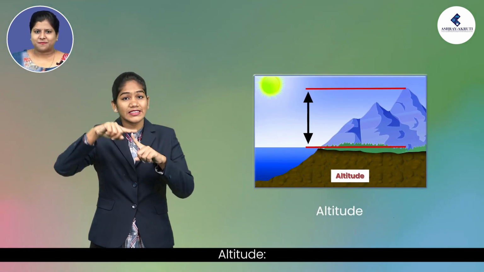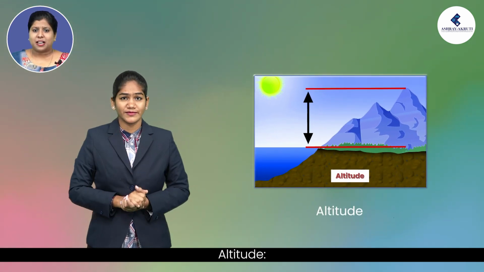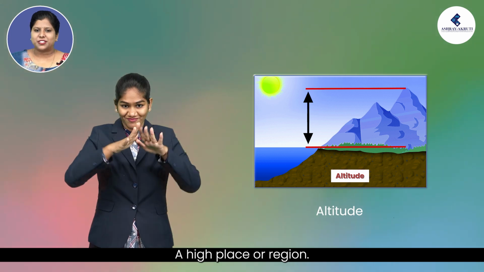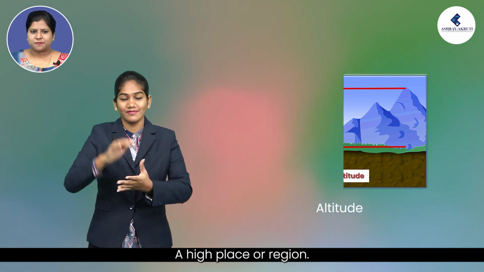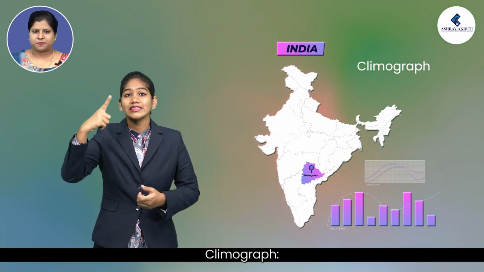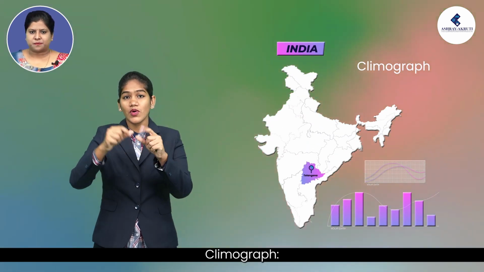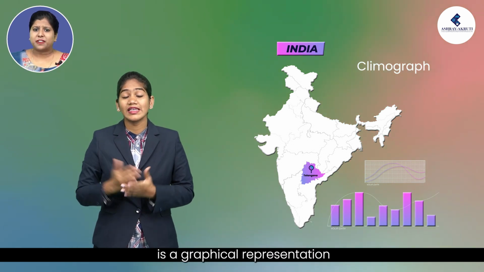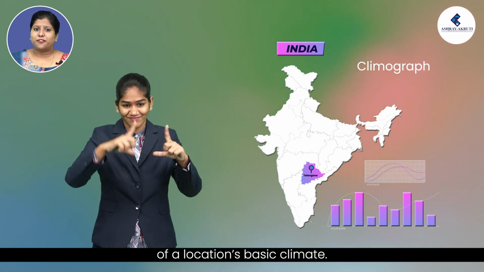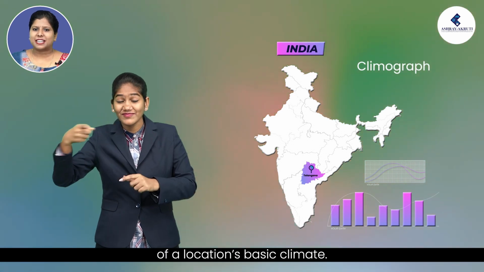Altitude: a high place or region. Climograph: a graphical representation of a location's basic climate.